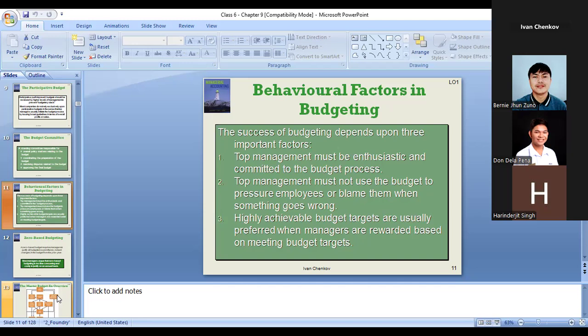Next thing is the top manager must not use the budget to pressure the employee and to blame him if something goes wrong. The budget is a plan, but I can assure you that all the companies when 2020 started had their own budgets. They saw what they were going to achieve by the end of the year. Suddenly, coronavirus happened.